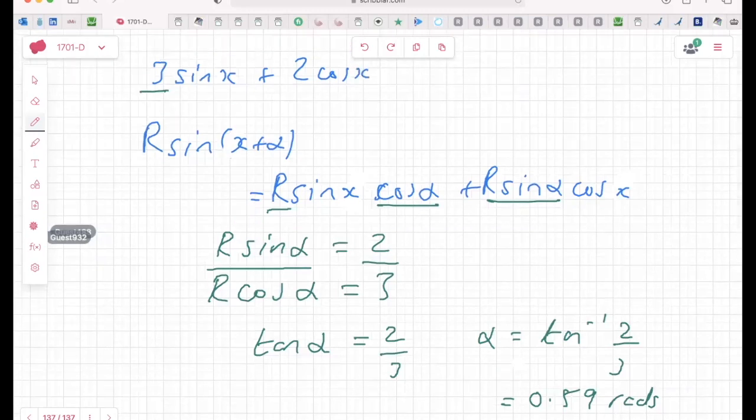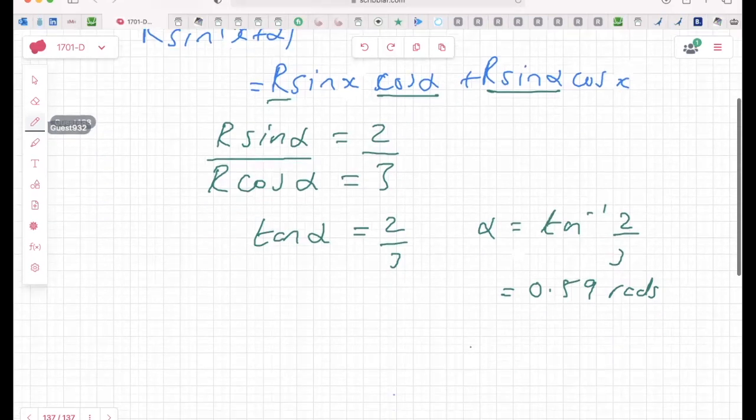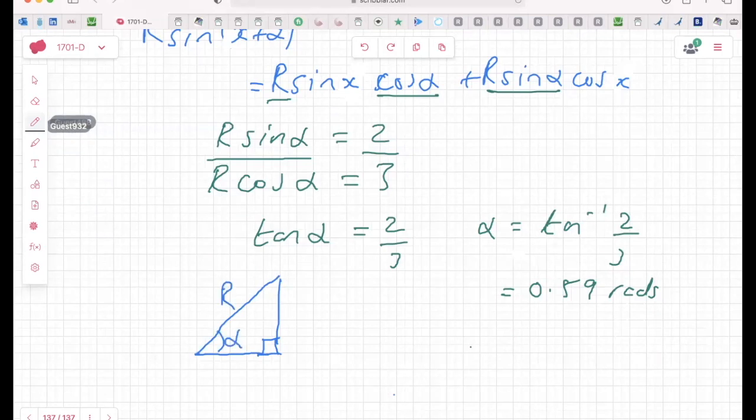Now to find r, we're just going to utilize Pythagoras' theorem. So if r sine alpha is 2 and r cos alpha is 3, what we can do is use a right angle triangle and call the hypotenuse r. There's our angle alpha. If r sine alpha is 2, that basically means that the height is 2, because sine alpha is height only if the hypotenuse is 1.